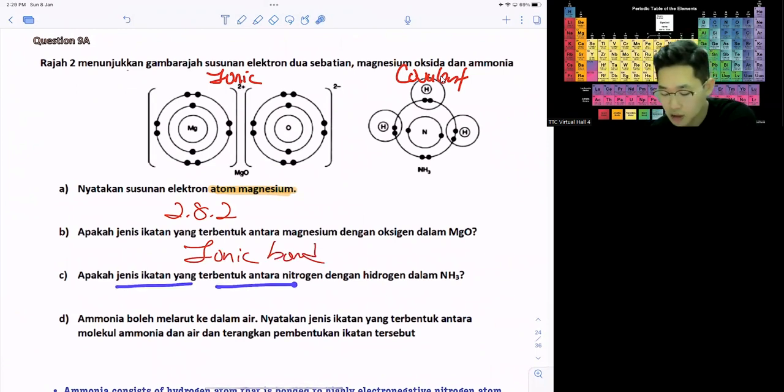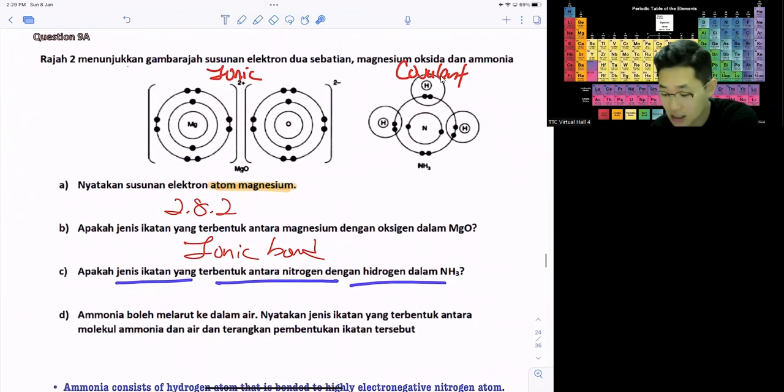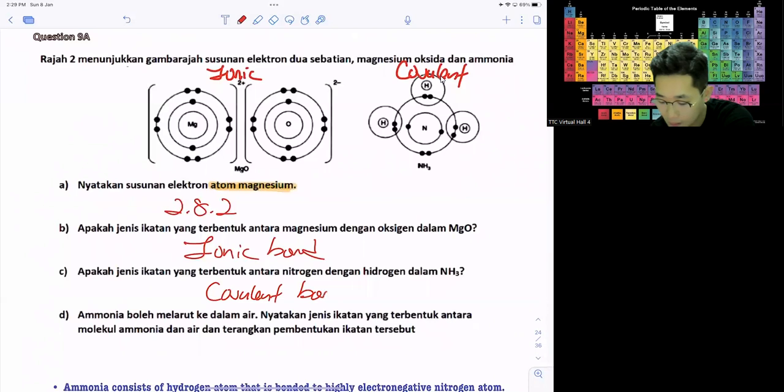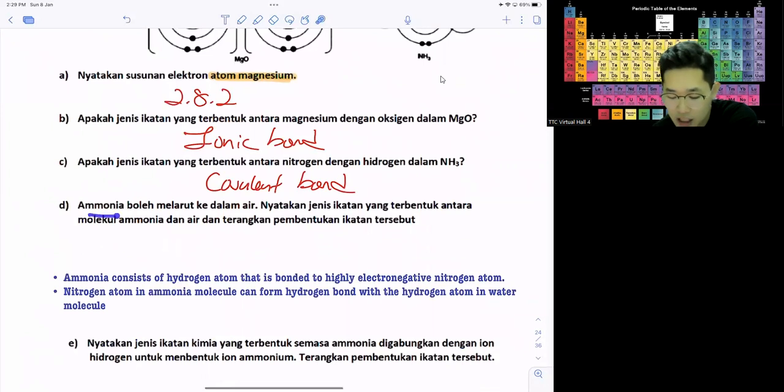Jenis ikatan yang terbentuk antara nitrogen dan hydrogen dalam ammonia. So these are between hydrogen and nitrogen. You see, this is like just not stable atom, share electron, right? Covalent. And then it says ammonia can dissolve in water.